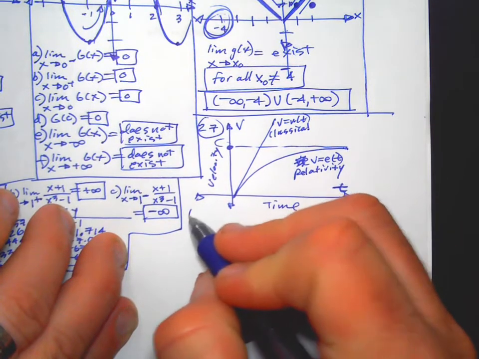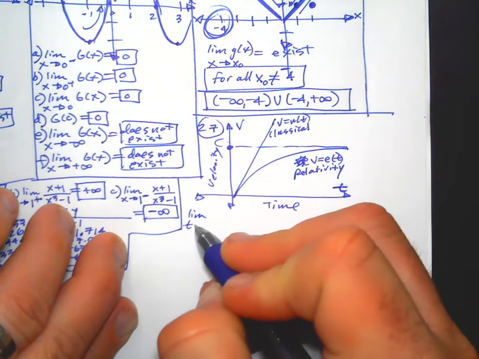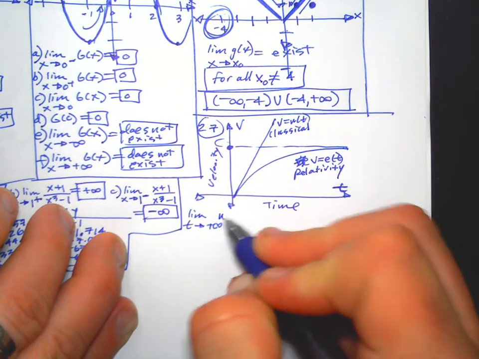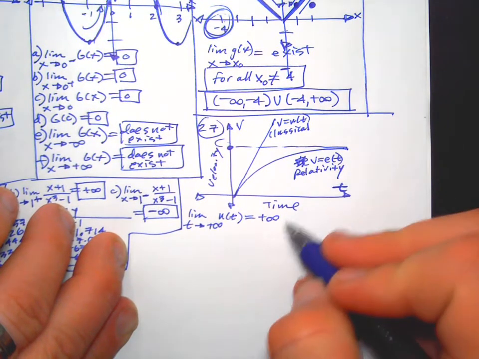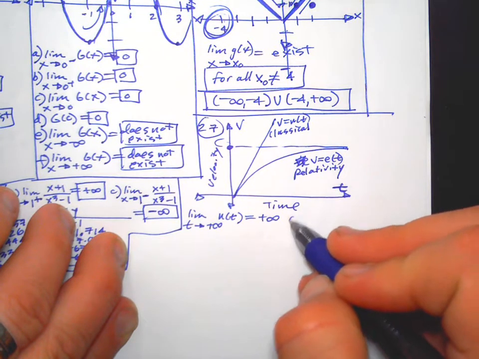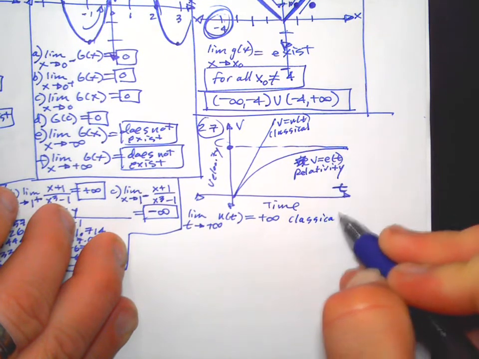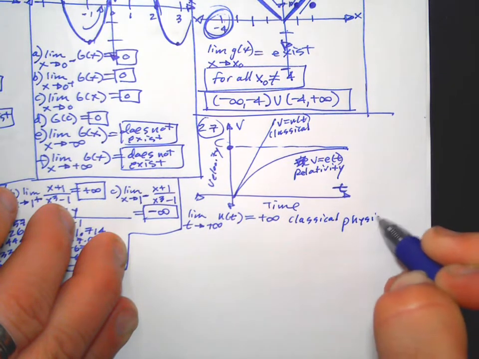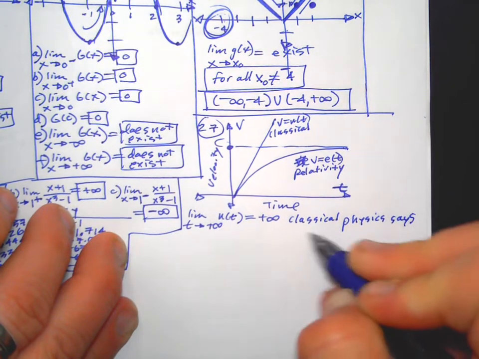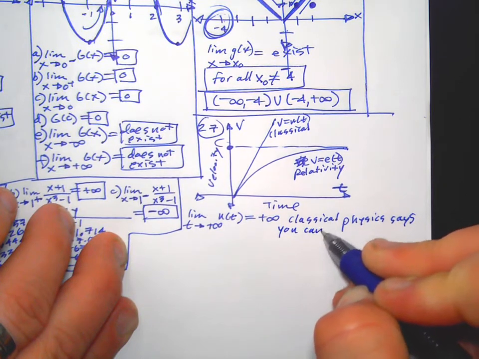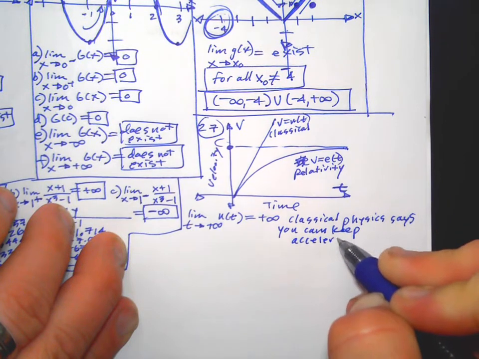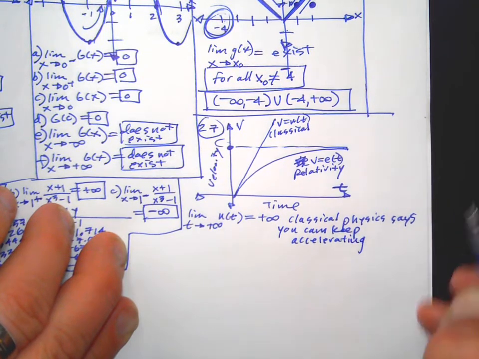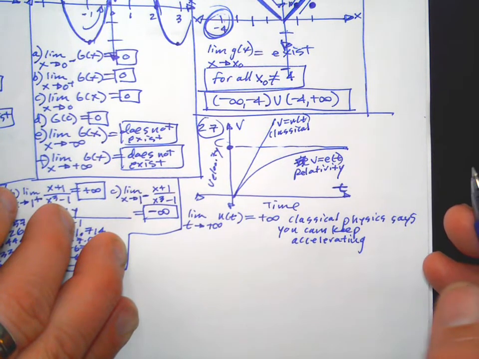So, you could look at this, you say, well, limit as t goes to positive infinity of classical physics is the velocity goes to infinity. And so classical physics says you can keep accelerating. So a force applied to an object causes it to accelerate. If you have no force, then you just maintain your velocity.